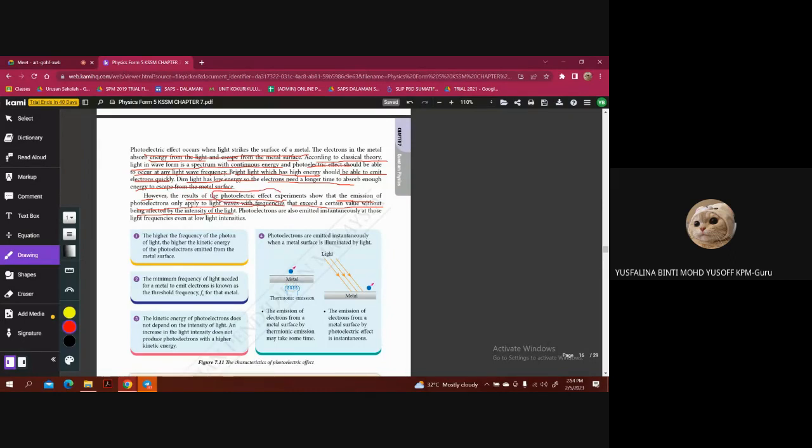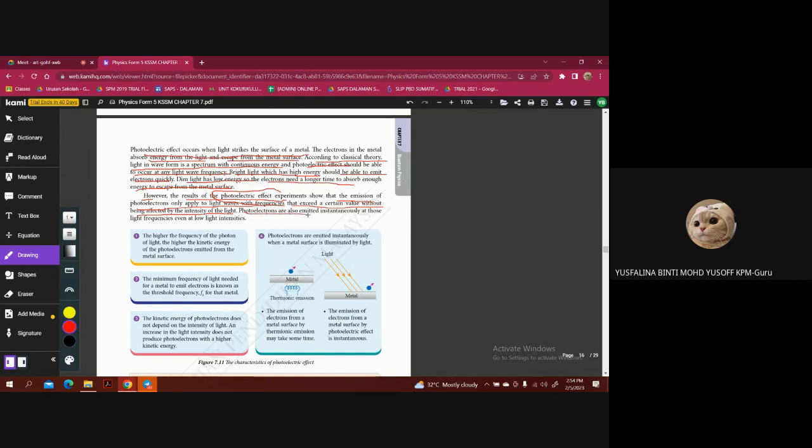It doesn't depend on the intensity of light, whether the light is bright or dim. It doesn't influence the photoelectrons. So if the light exceeds a certain frequency, then the electron will gain enough energy, and the photoelectrons will be emitted.